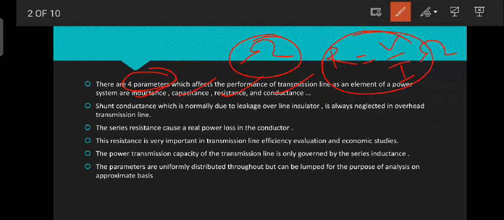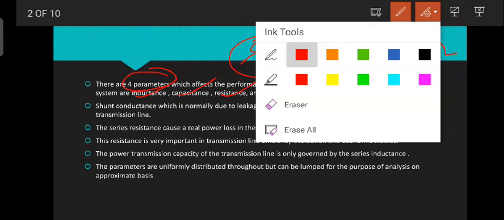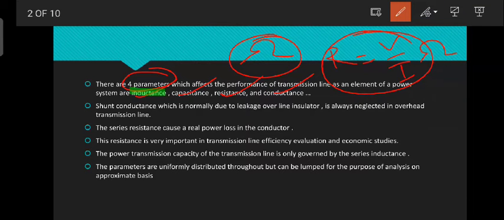Then let's know about inductance. What is inductance? Inductance is the element which stores energy in a magnetic field. Its notation is L and its unit is Henry, named after the scientist who discovered inductance.